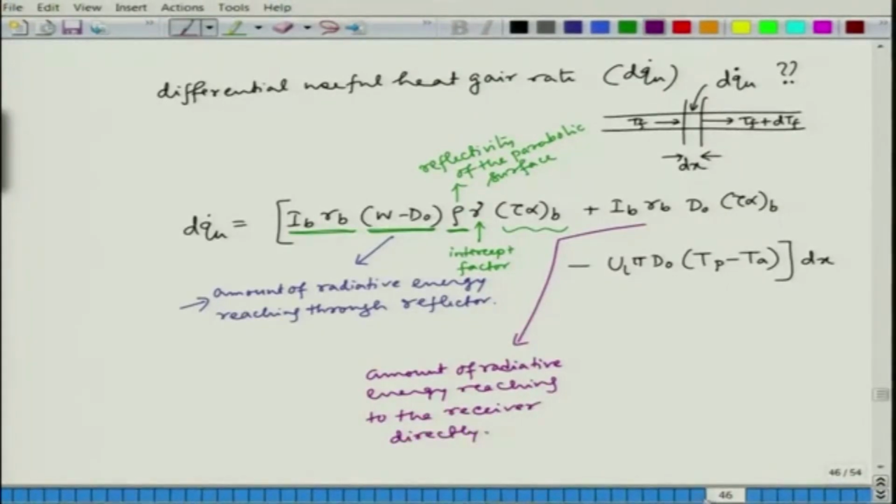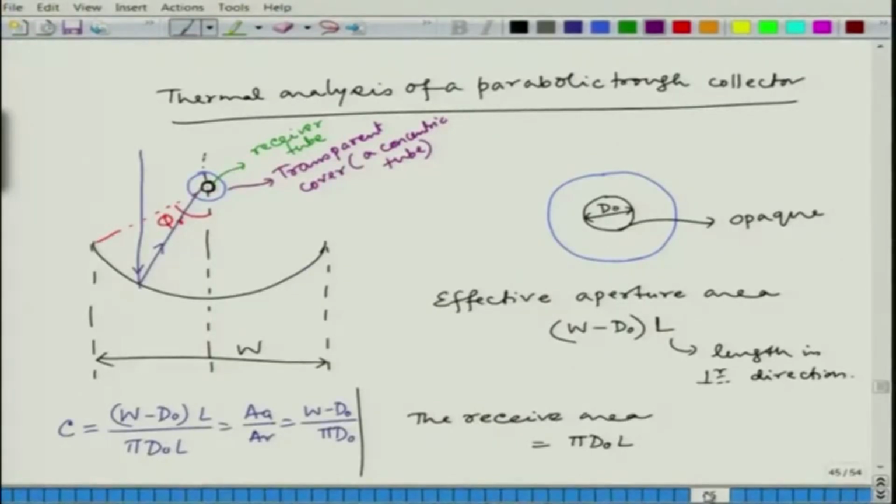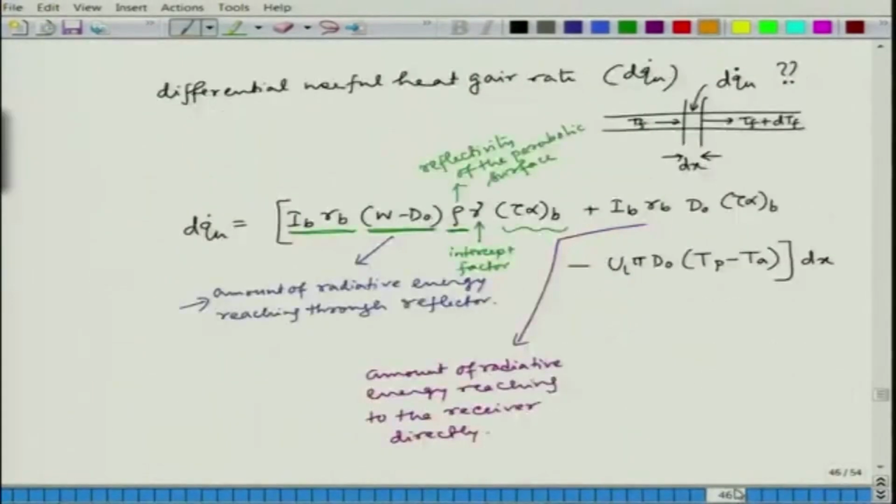That means, if we look back at the geometry, you can see that some rays from this direction will reach the receiver directly. They will not be reflected through the parabolic surface, but will reach it directly.